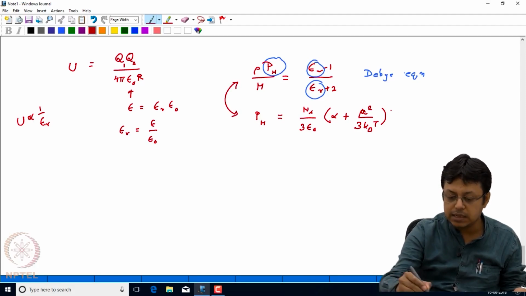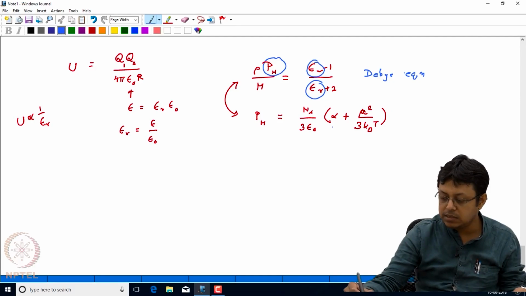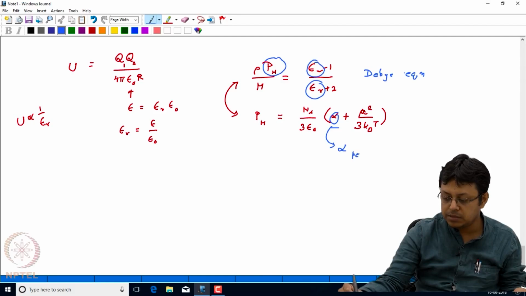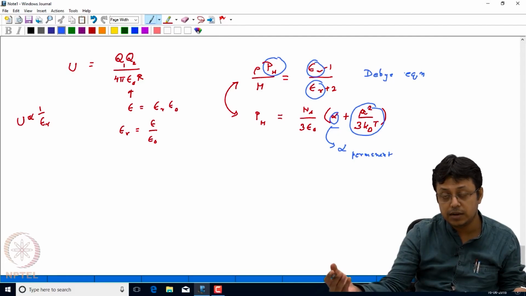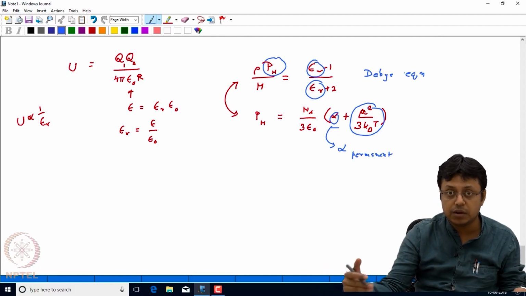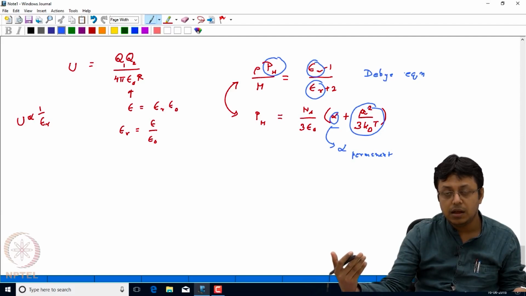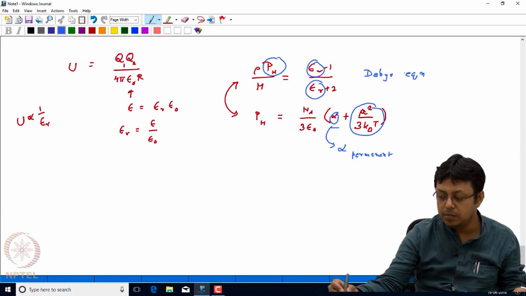This equation we can easily get from this. So this alpha is, in our notation, the alpha permanent, and this part is coming from the mu squared by 3 k_B T, which we already derived, which is coming from the orientation, and all other effects are basically coming from the induced dipole moment.